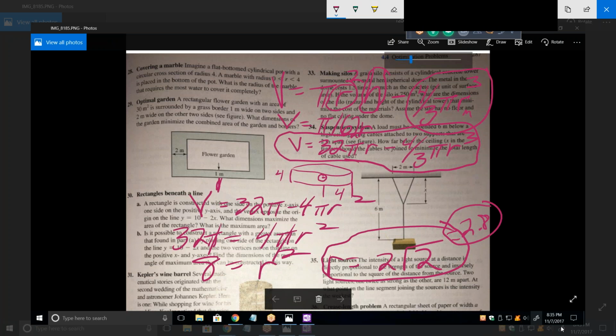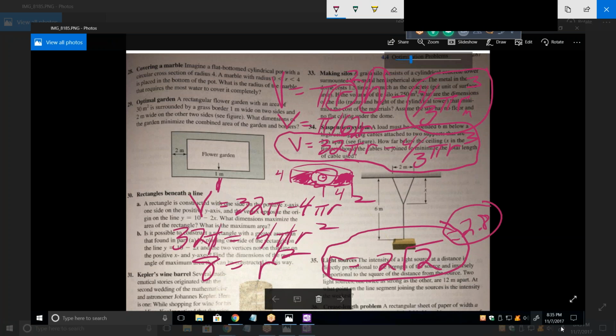Well, what if I made the radius 5? That means I got to have higher water. But it also means less water, because now I need less water around here. So increasing the radius of the marble doesn't necessarily increase the amount of water needed to cover it. Imagine if I made the radius of the marble the same as the radius of the cylinder.